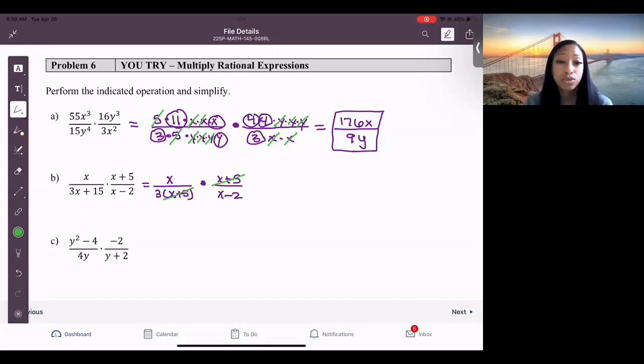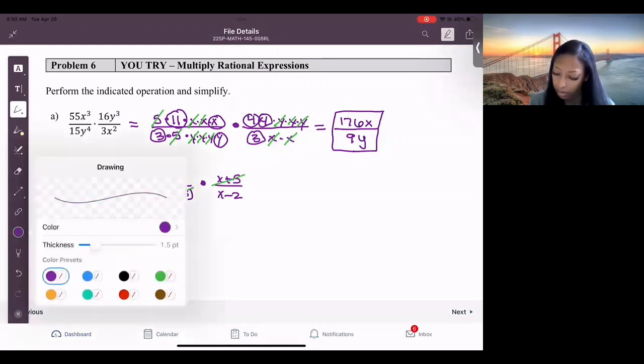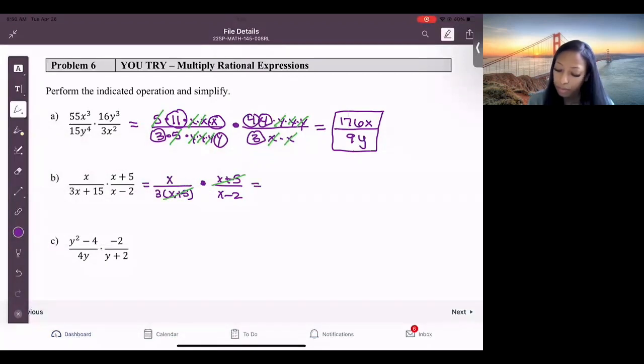There's an X minus 2 in the other denominator, no X minus 2 in the other numerator. So that's it. That's all we can cancel out. And when we multiply, our numerator just has an X in it, and our denominator is 3 times X minus 2. So X over 3 times X minus 2 would be our final answer.